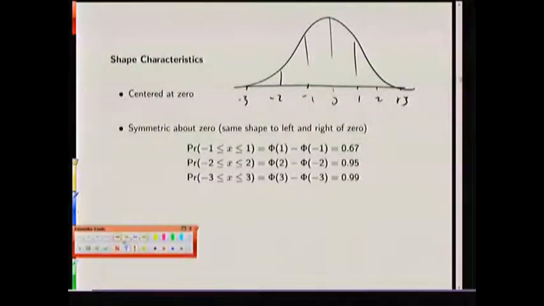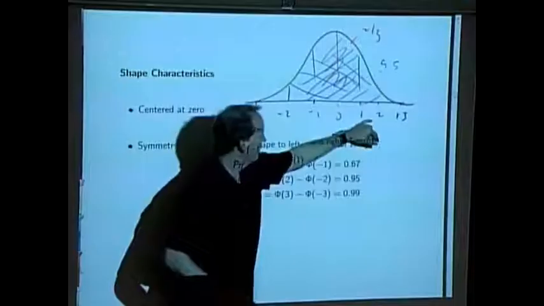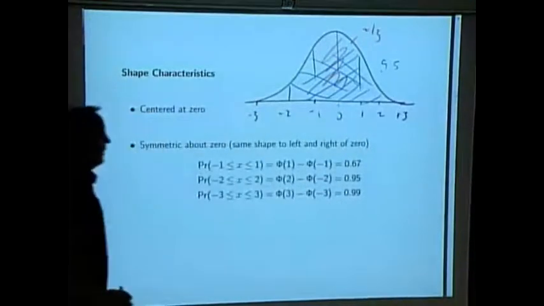And so again, this is about 2/3. And then if you go the blue area, and this is a 0.95, and then the whole area between minus 3 and 3 gives you almost 100% of values.